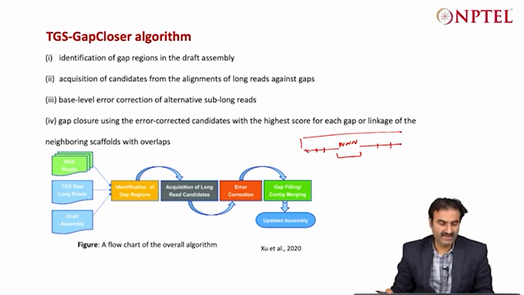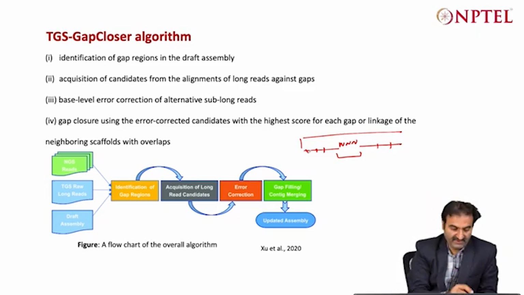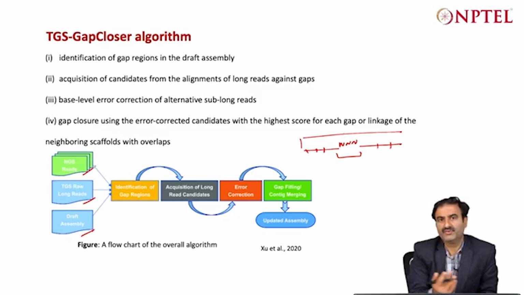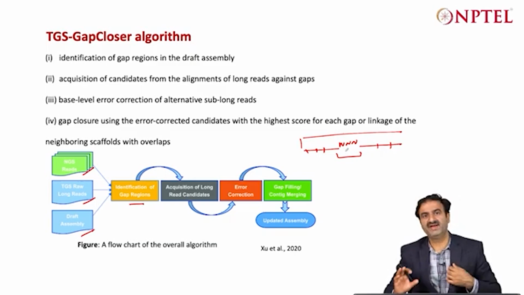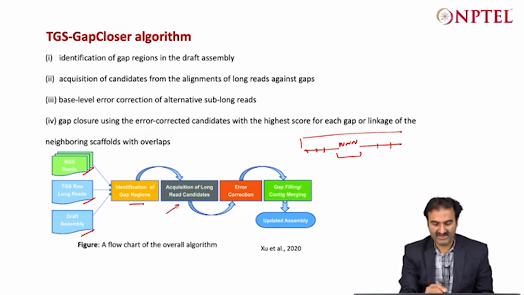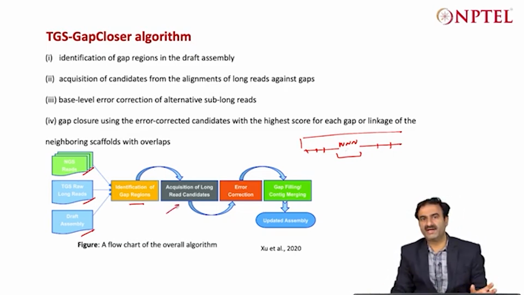So what it does is, first of all, it uses the draft assembly that you have already created, okay. It takes the raw long reads and raw short reads, okay. So all three things you already have because you are dealing with hybrid assembly: the short read data, the long read data, and the draft assembly. Then it identifies the gap regions like this, okay, and finds the appropriate piece that can fit in that gap and fill it.